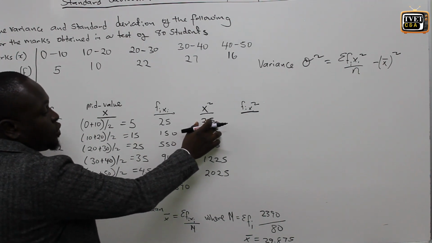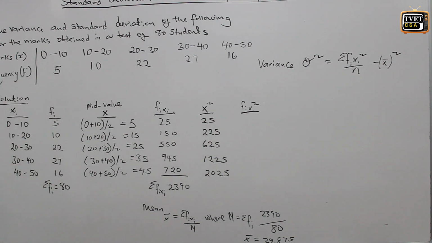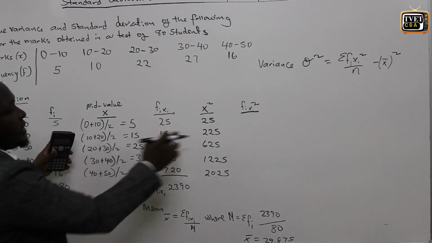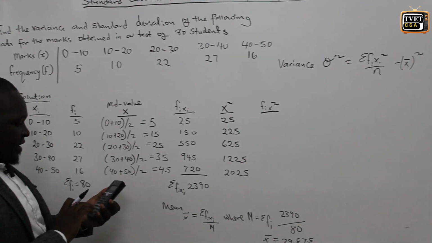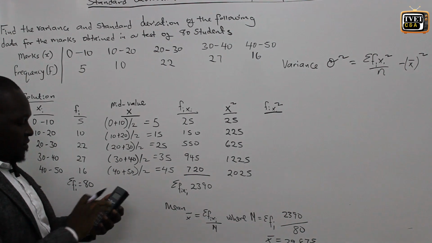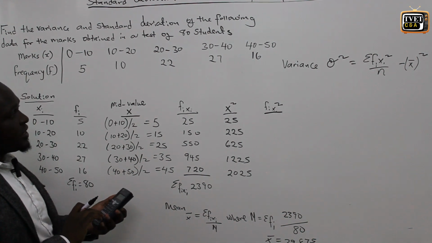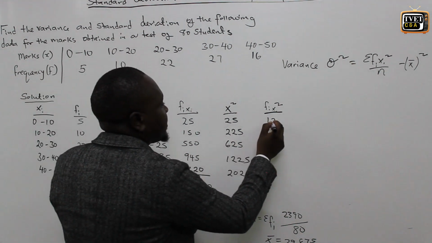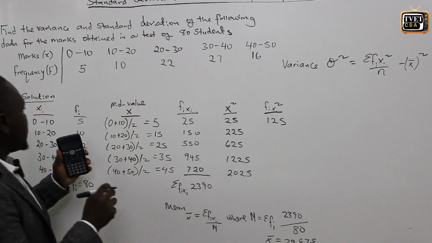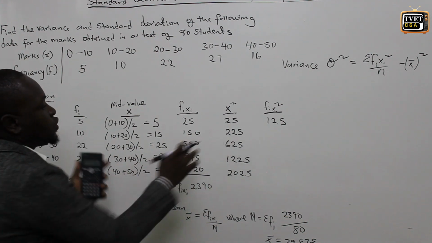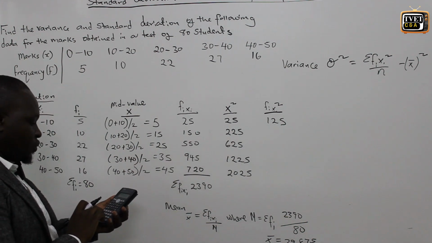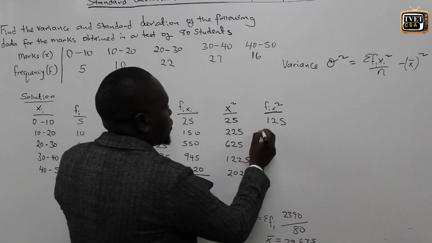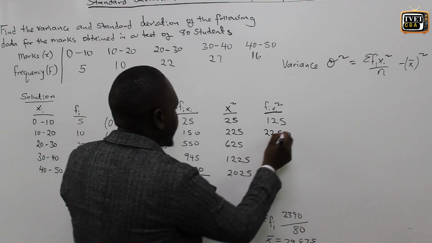Now you come and write here the fixi square, which means we'll take the frequency times the x variable square. It will be 5, which is the frequency, times the x square, which is 25. We'll get 125. We have 10 times 225. You'll get 2250.